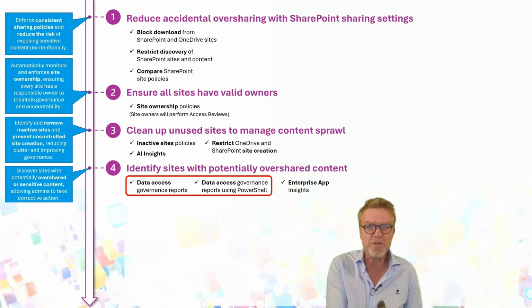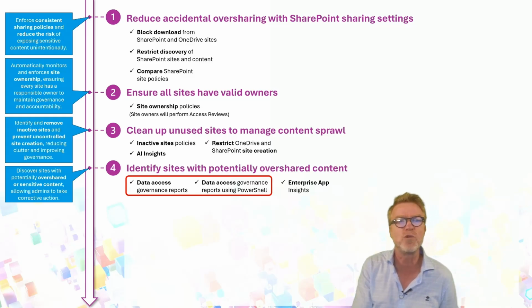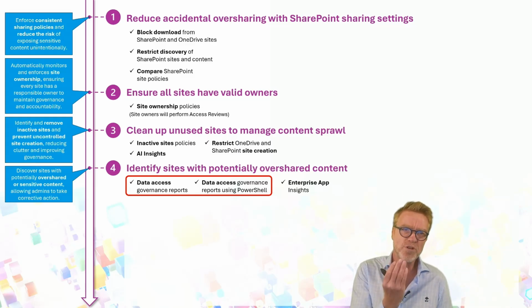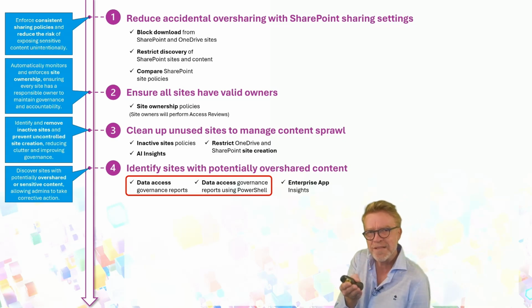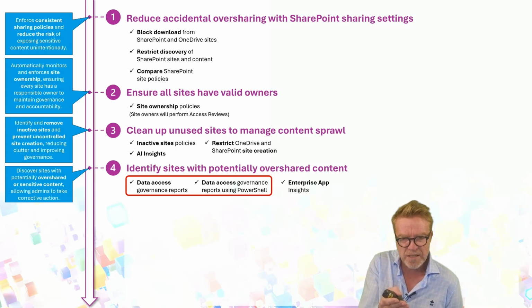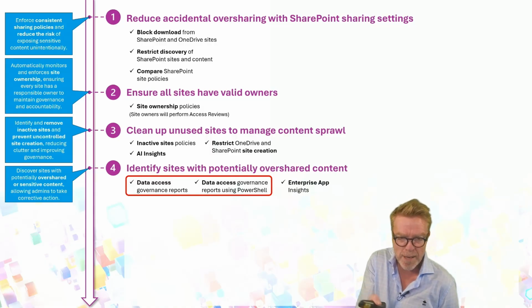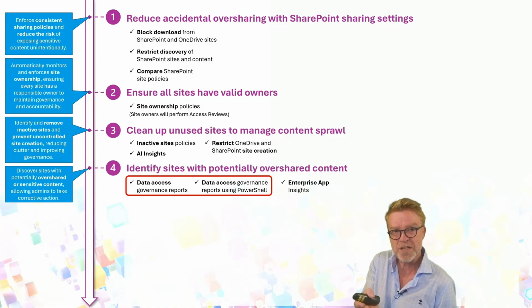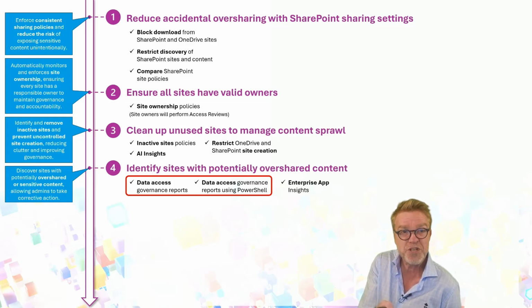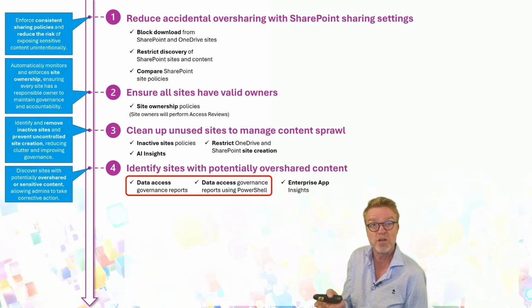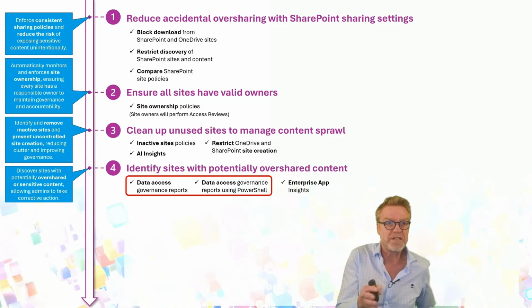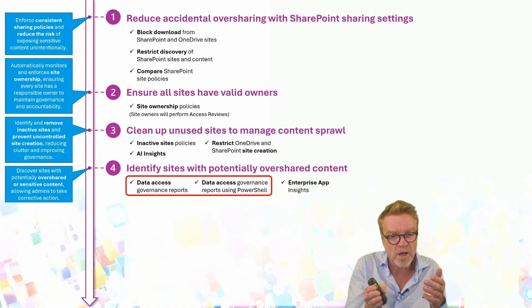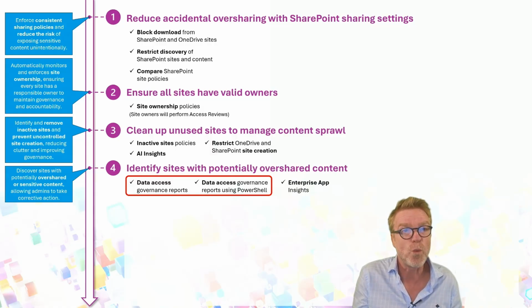You could also create these governance reports with PowerShell. They give you a clear view on where the sensitive data resides, and it maps that with which sites or which files are being shared a lot, with external users and internal users, and it helps you to really discover where the biggest danger is.